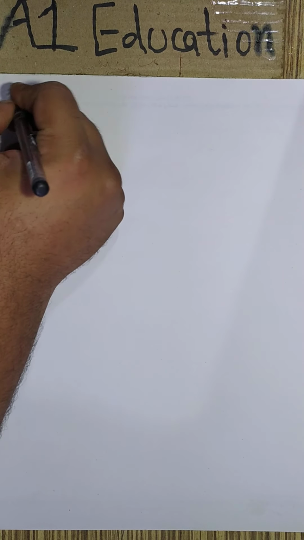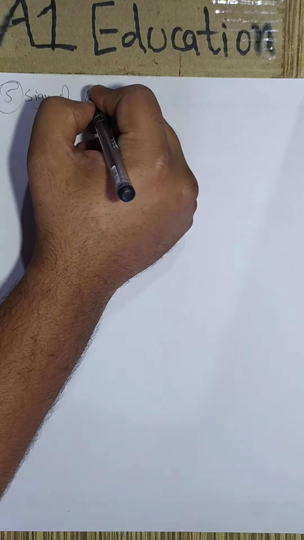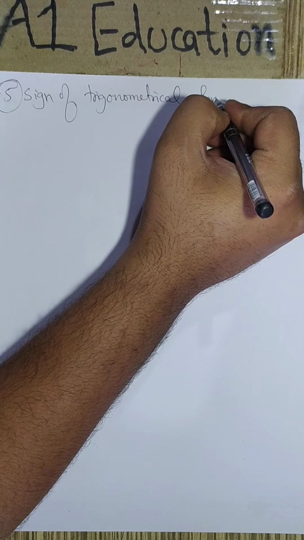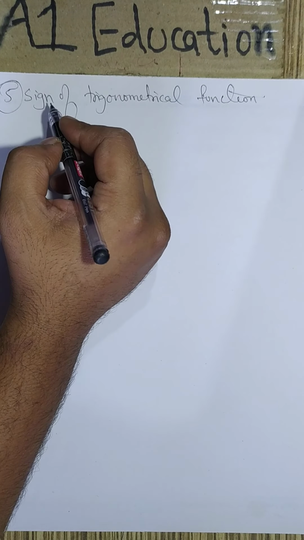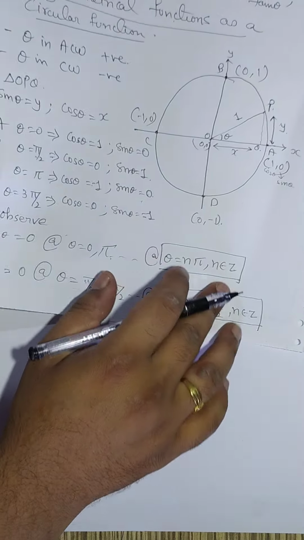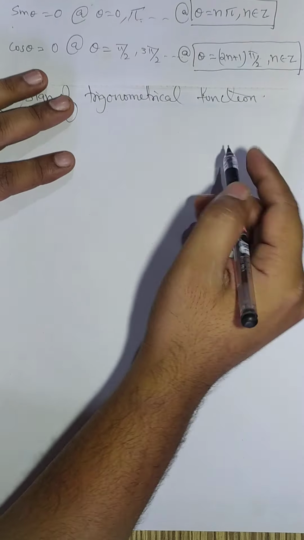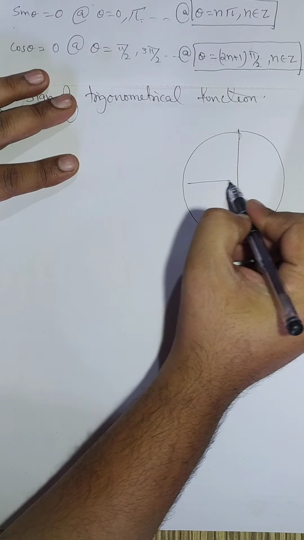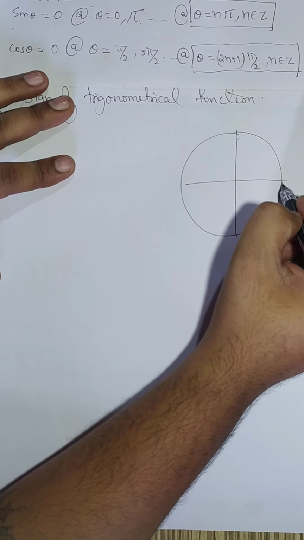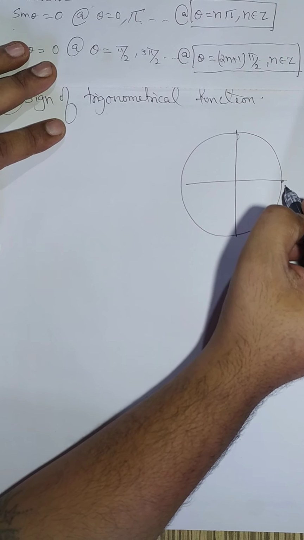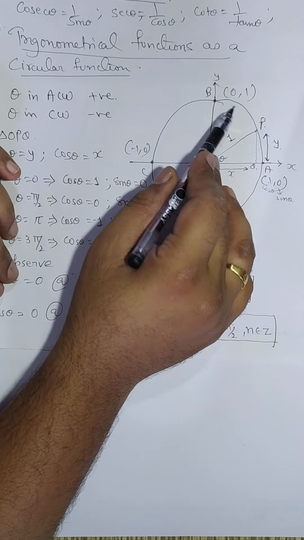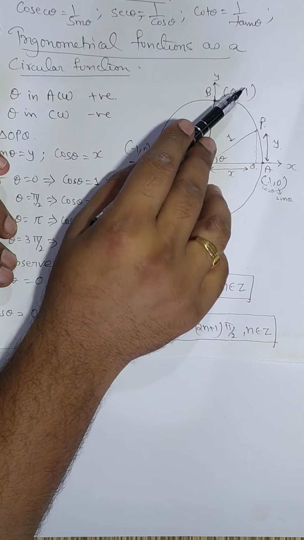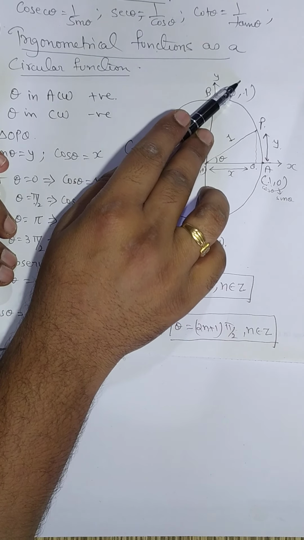Next one we have is the sign of trigonometrical functions. Considering the same unit circle, if you closely notice, in the first quadrant the value of cos theta changes from 1 to 0 and remains positive, and sine theta goes from 0 to 1, again positive.